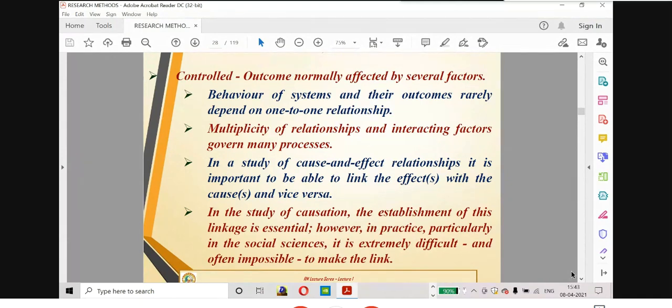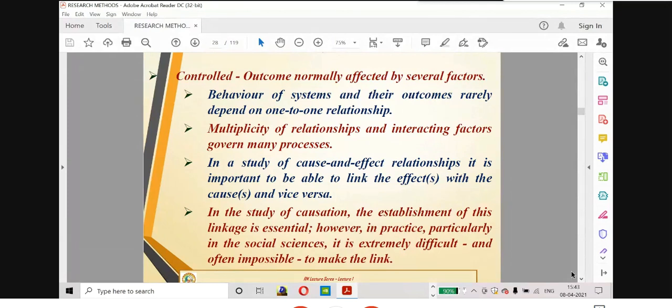In a study of cause and effect relationships, it is important to be able to link the effects with the cause and vice versa. That is what we do in research. In the study of causation, establishing this linkage is essential.